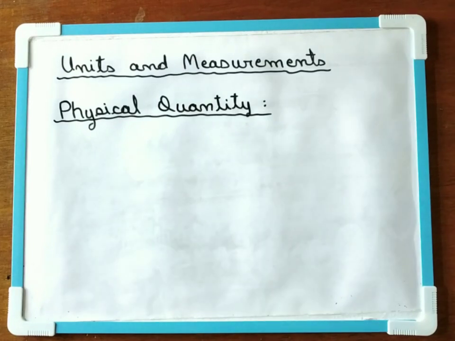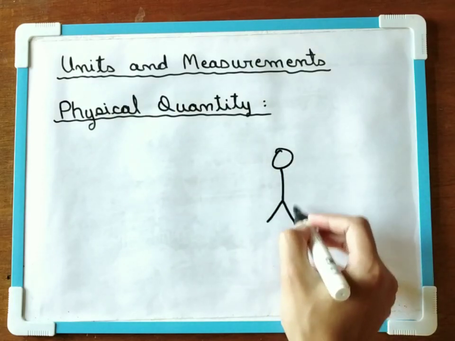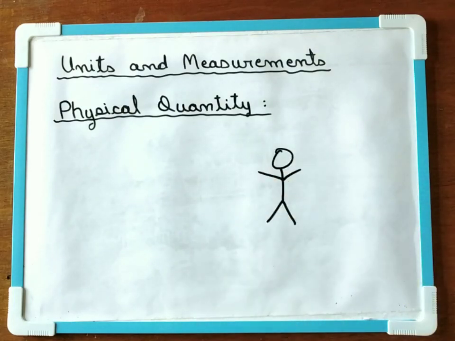So what is a physical quantity? A physical quantity is a quantity which we can measure directly or indirectly. For example, take the length of this stick diagram.